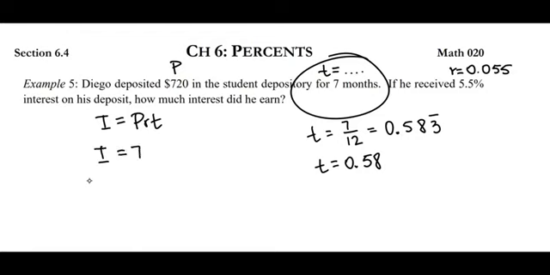I have P as 720, rate as 0.055, and T as 0.58. So we have 3 numbers that we need to multiply through, and we will find our interest amount. Interest equals $22.97.